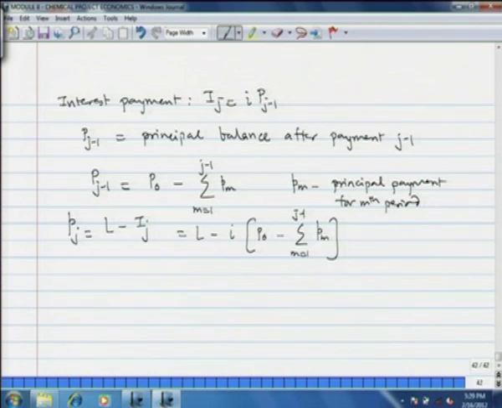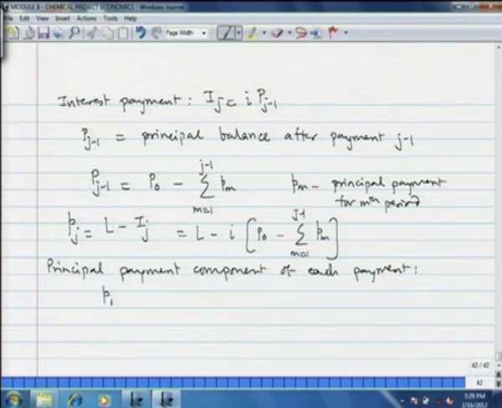The principal payment component of each installment is then, let us say for the first period, P1 is equal to L minus I into P naught.